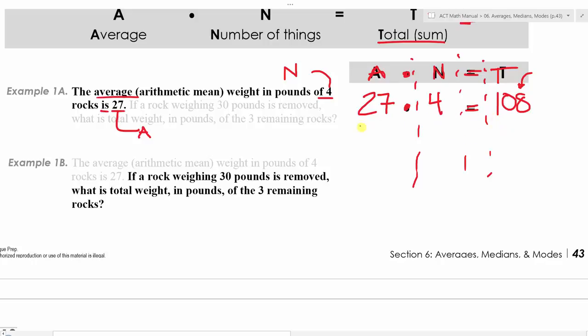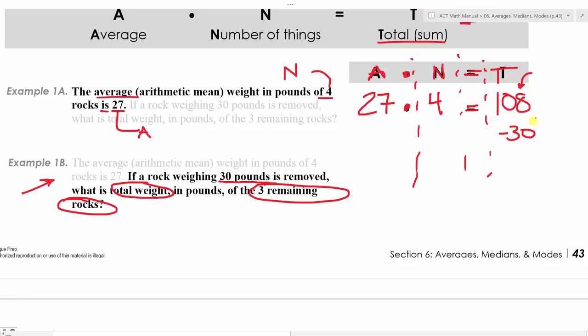Now, what a question might do is in the next phrase, so in example 1b, the second bolded portion, the question might then tell you something about one of the individual rocks. And indeed, that's what's happening here. They're saying if a rock weighing 30 pounds is removed, what is the total weight in pounds of the 3 remaining rocks? So total weight, 3 remaining rocks. Well, remember, we just produced the total weight of all 4 rocks, and we said that was 108, and we take away a rock weighing 30 pounds.